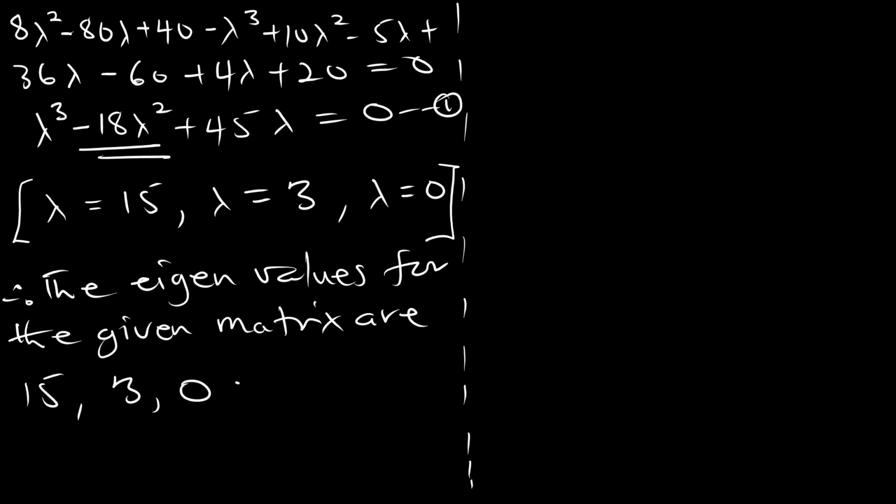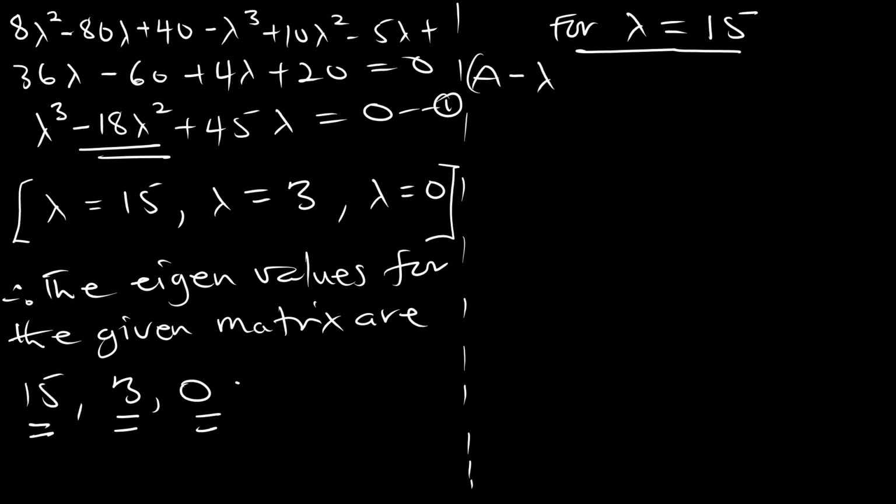So now for each of the eigenvalues, we are going to find its corresponding eigenvector. So let's try and see. So we start with when lambda, the eigenvalue, is 15, what is the corresponding eigenvector? And we are going to obtain that from the expression A minus lambda I multiplying the vector equal to 0.